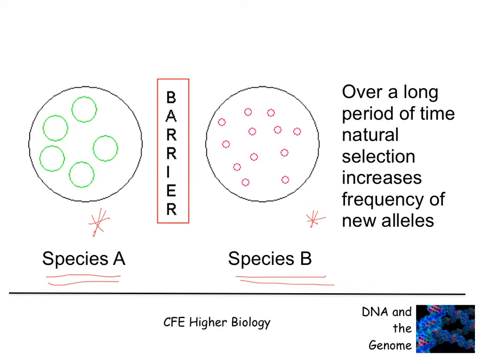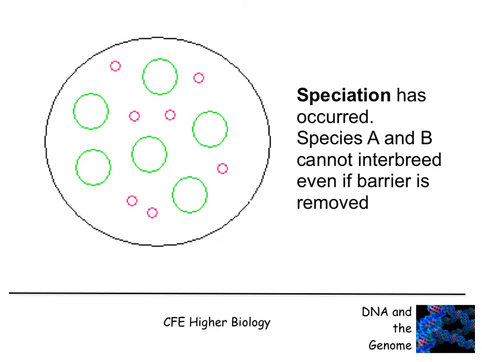The definition of a species, if you remember from National 5, is two organisms that are able to breed together and produce fertile offspring. So speciation has occurred because species A and B cannot interbreed even if the barrier ends up being removed. They've become so different from each other.